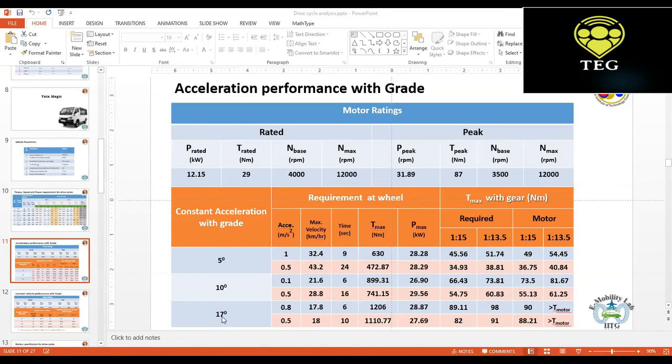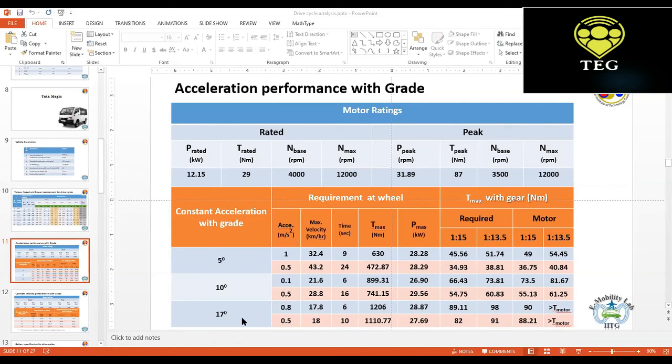Okay, sometimes this number like 17-degree grade might be a mandatory requirement from the people who are buying the vehicle. So let's say you are making 200 Tata Magic for a fleet to be used in Himachal Pradesh, okay, by the Himachal Road Transport Corporation.